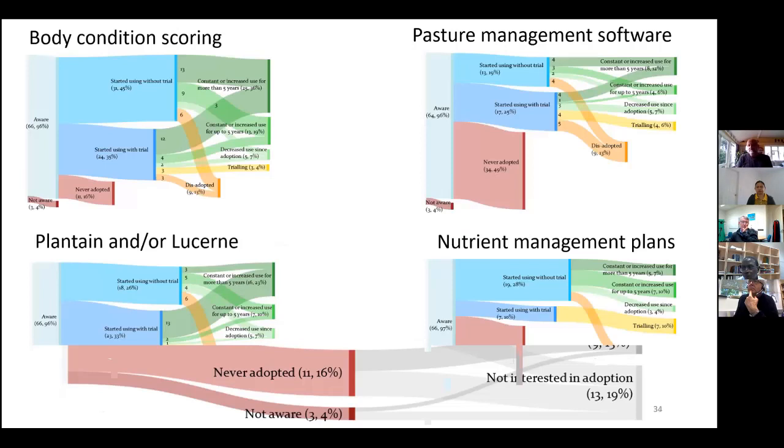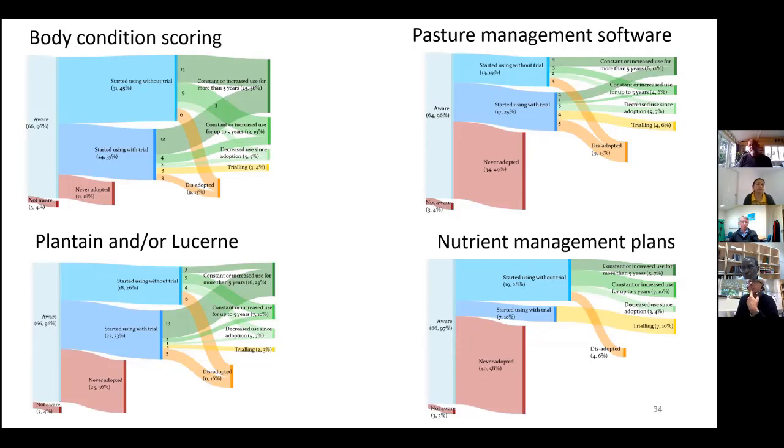But what gets interesting here is when you look at them and compare the 4 practices and the patterns. You can start seeing quite a difference. Pasture management software seems to be slightly different from the other 3. In all the other 3, it seems like starting to use it with a trial leads to faster adoption.